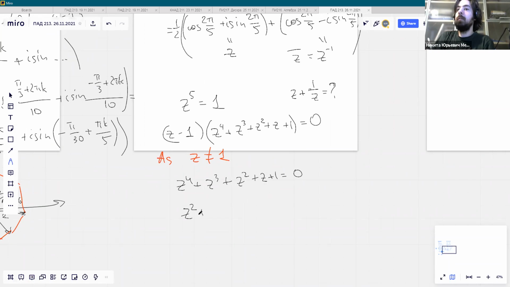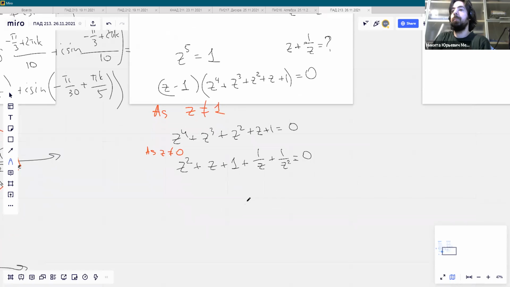We can divide this expression by Z, as Z is non-zero. Again, looking at this number, we can see it is not 0. Then we get the following. We're very close.